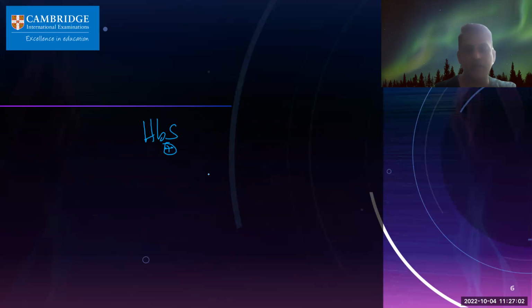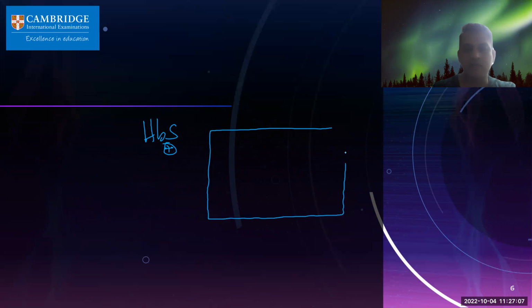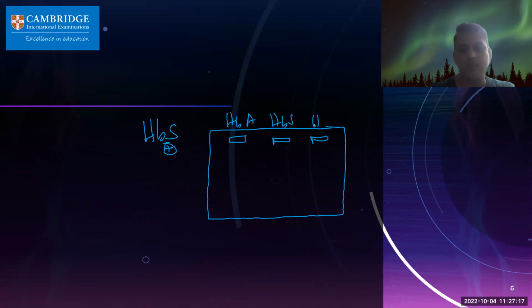Right, in gel electrophoresis, we place these proteins in different lanes. Let's assume this one is hemoglobin A, hemoglobin S, hemoglobin F. On the starting side, negatively charged, this side is positive.